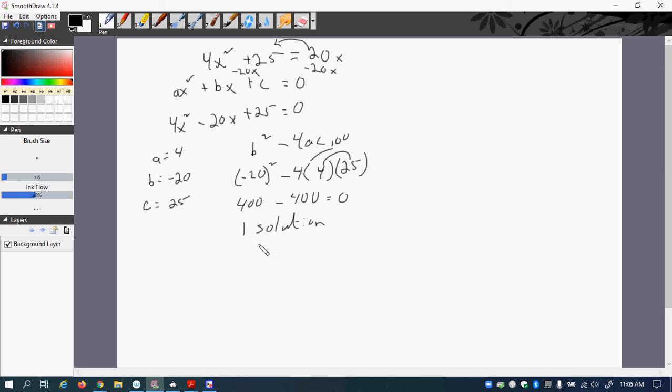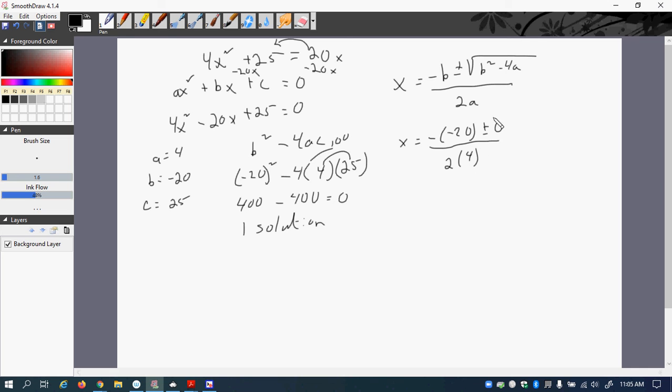It doesn't tell me the answer, what the x-intercept is, but it makes it easier to do the quadratic formula, because if I have this set up, I already know this part, so I can put that in immediately. So I get negative of negative 20 plus or minus 0 all over 2 times 4. See, now this just makes it so much easier.